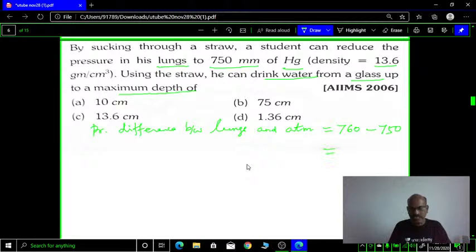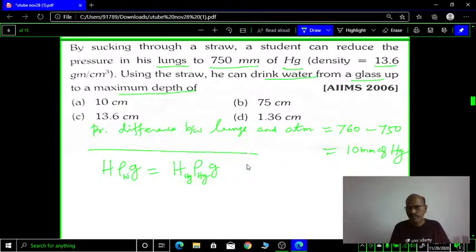So the pressure difference between lungs and atmosphere is 760 minus 750, 10 millimeter of mercury level Hg. According to the problem, H rho G for the water he is sucking is equal to H rho G of the mercury level. Both are equal, understand?